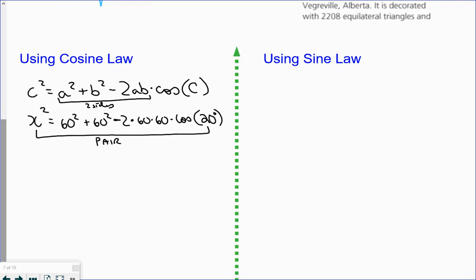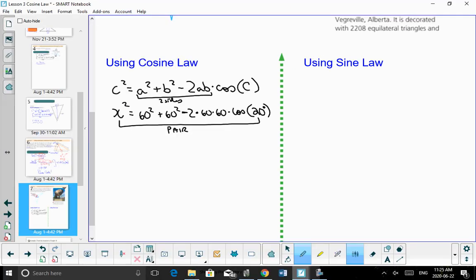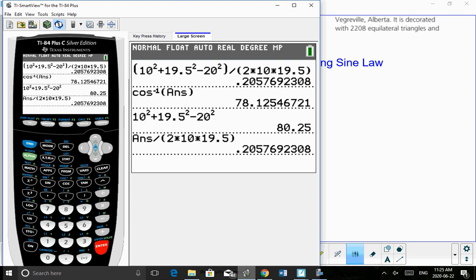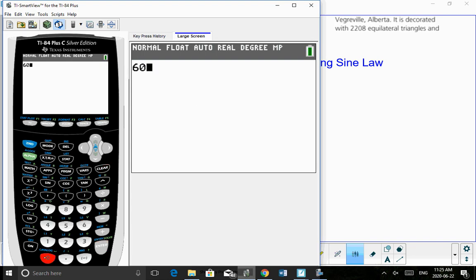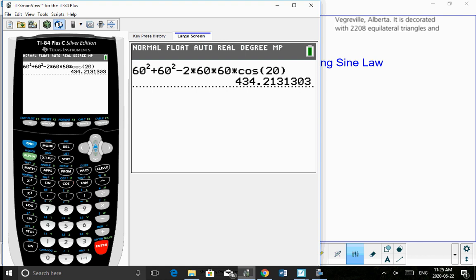On my calculator, I'm going to plug that in: 60 squared plus 60 squared minus 2 times 60 times cos, and don't hit second, 20. This equals x squared, so my last step is to square root that answer.